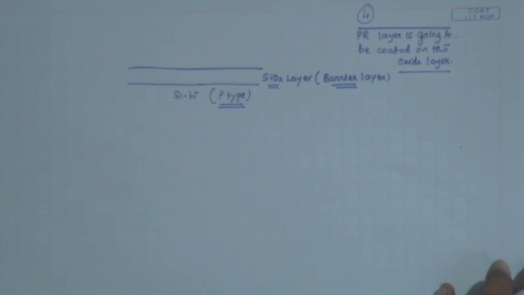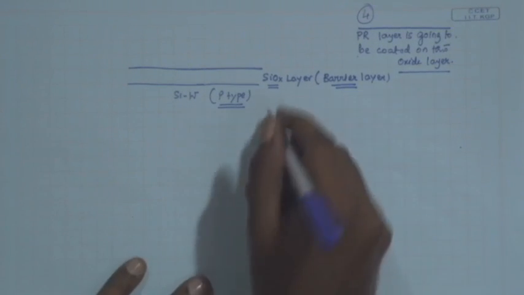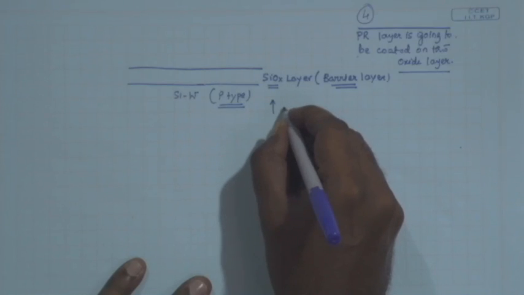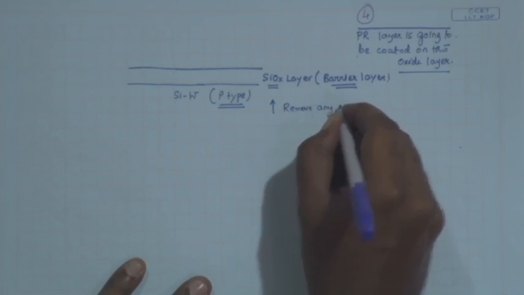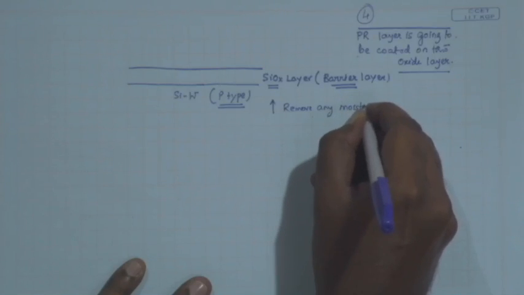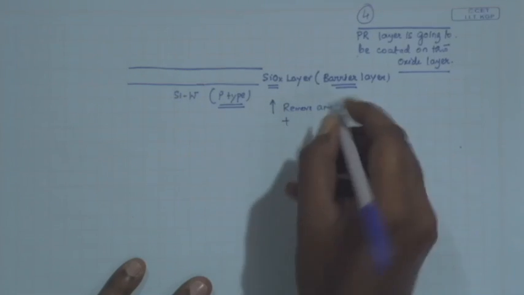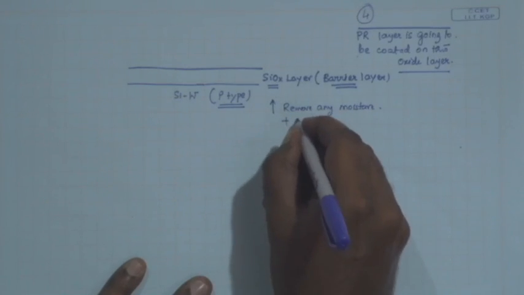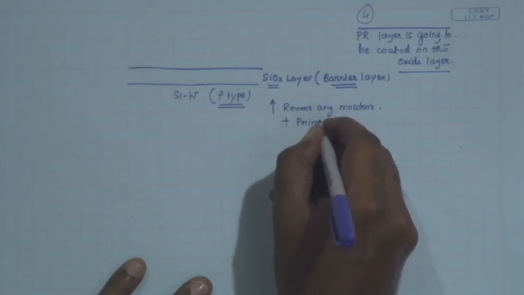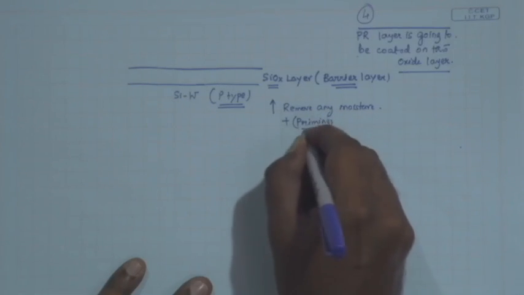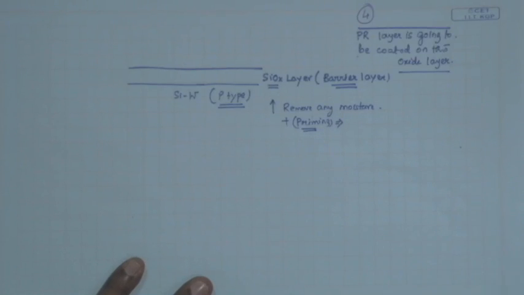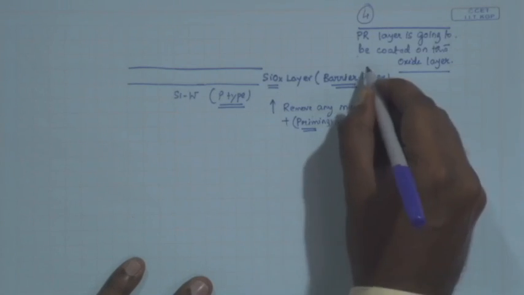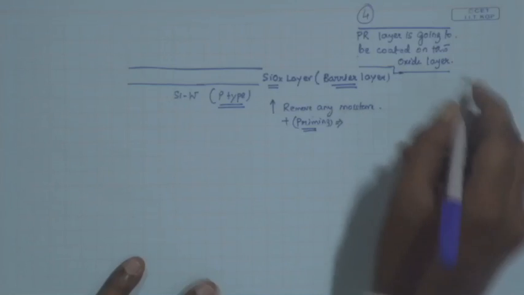As a preparation for that, the first thing you need to do is remove any moisture, and then, as I mentioned, you can also do a bit of priming, that is, you coat the oxide layer with some chemical that enhances adhesion between the photoresist and the oxide.